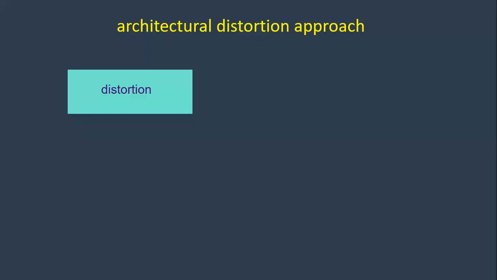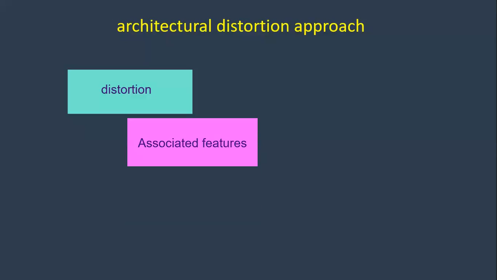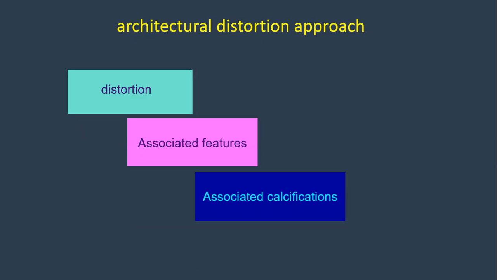Is there any associated calcification, associated mass, or associated asymmetry? And then localize that abnormality within the breast, like the approach for asymmetry and for masses.